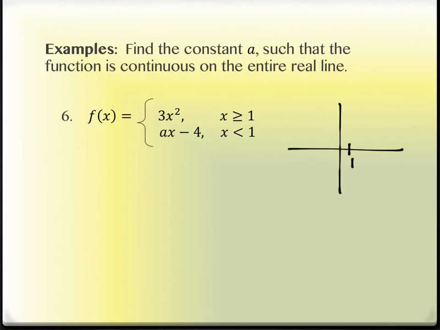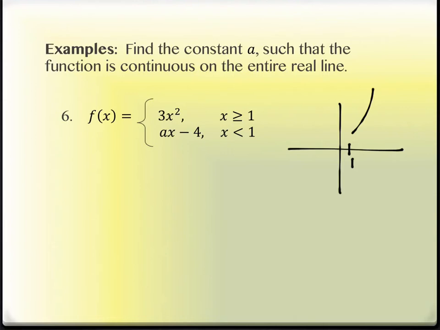At x equal to 1, on the right-hand side of x equal to 1, there's some portion of a parabola. I know it's a parabola opening upward because it's 3x squared, right? So it looks something like that, maybe. And it's clear and defined, and your graph could do it for you, no problem, your calculator, no problem. But the other one, ax minus 4, well, a is a number, but we don't know what number it is.